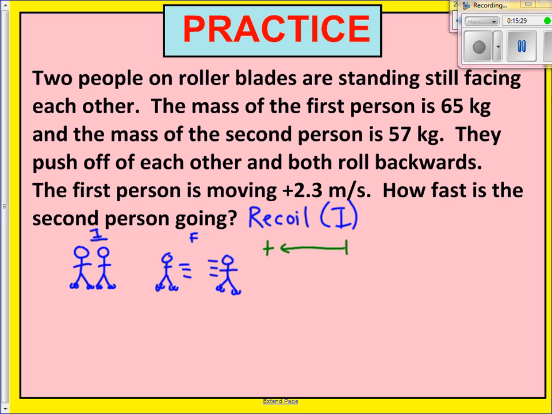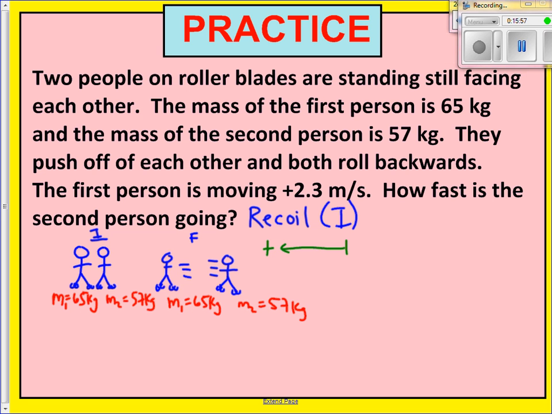Okay, finally, let's go ahead and write down our knowns and our unknowns. All right, I know that the first person has a mass of 65 kilograms, and the second person has a mass of 57 kilograms. Mass 1 over here is 65, and then mass 2 is 57.